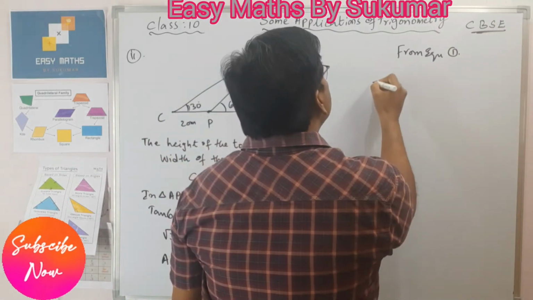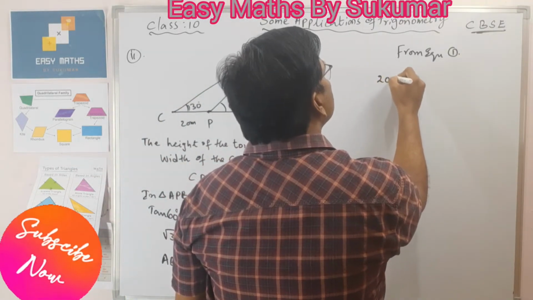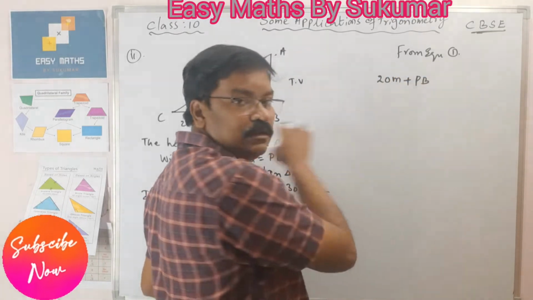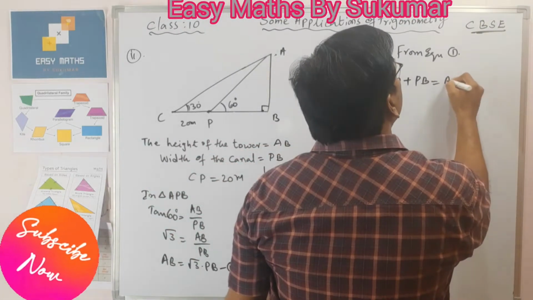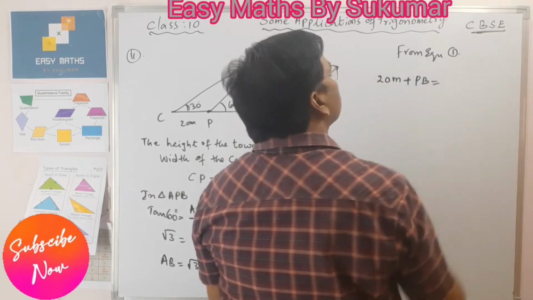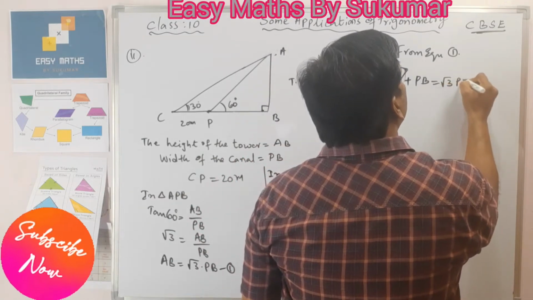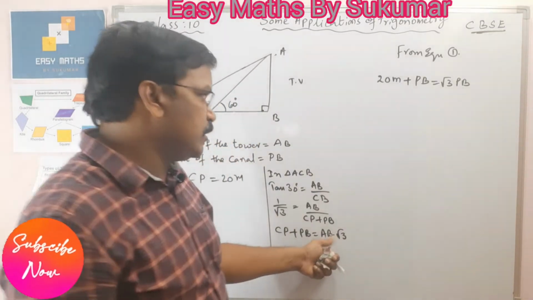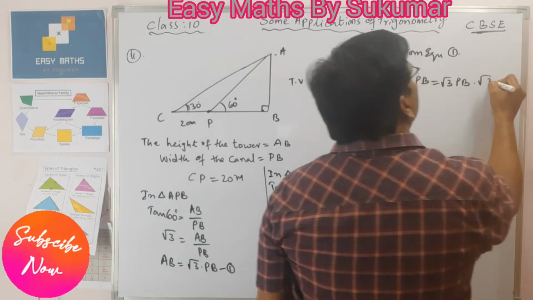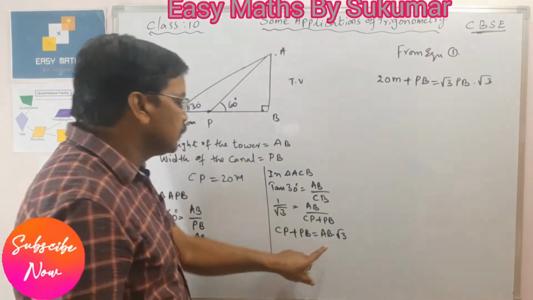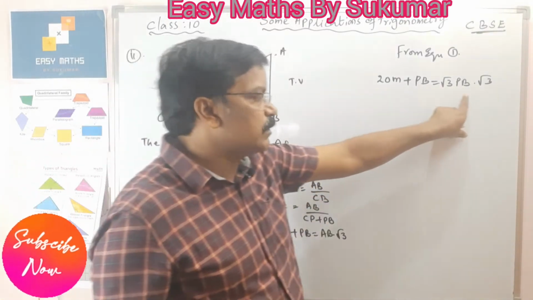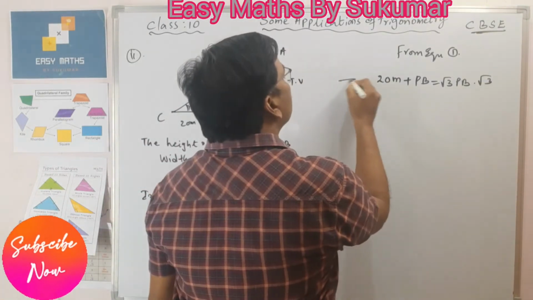That means CP is 20 meters plus PB, which is unknown, the width of the canal, is equal to AB into root 3, that is root 3 PB into root 3.